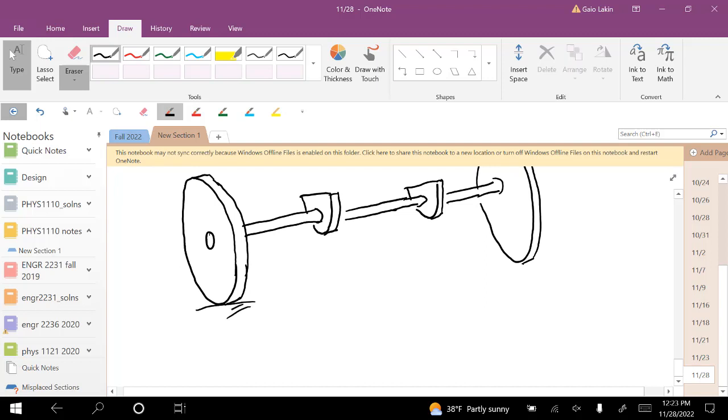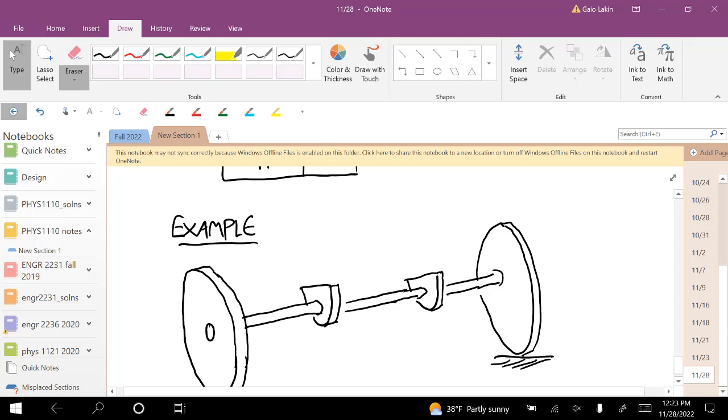And these are on the ground. And let's say that the force pushing down, half the weight of this vehicle, is, let's say, 2,000 newtons. That's a pretty small vehicle, but okay, let's go with that.